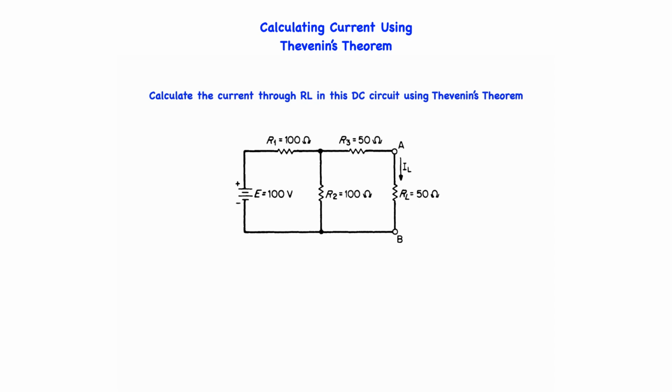The EMF of the single source will be called ETH at the network terminals A and B. The single series resistance, called RTH, is the resistance between the network terminals A and B when all the independent sources are replaced by their internal resistances.